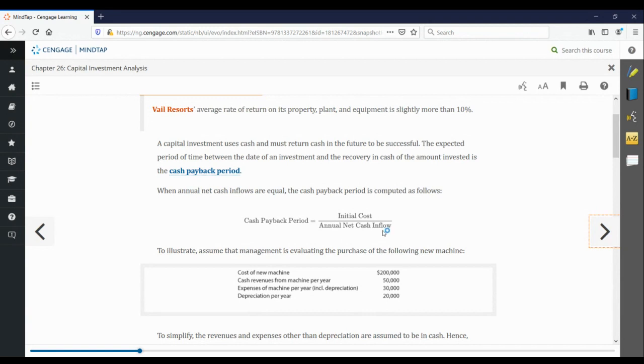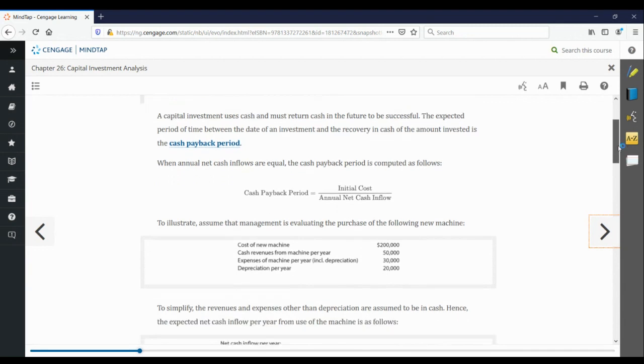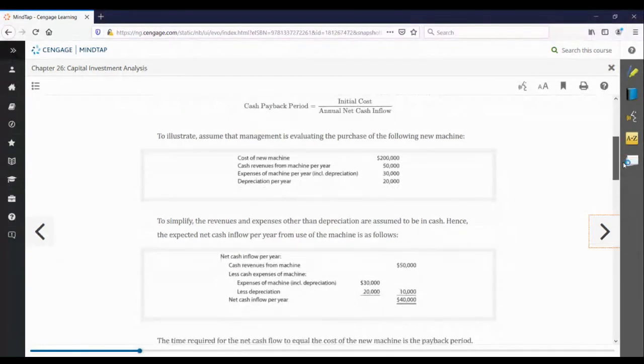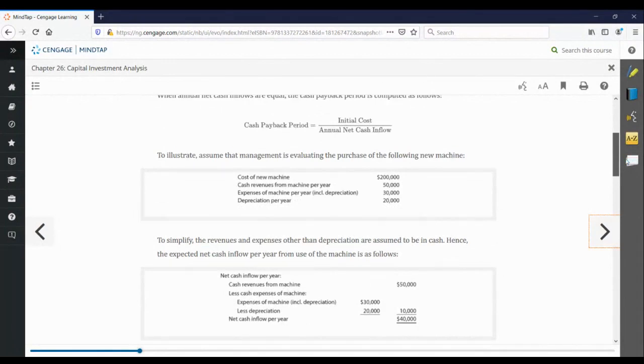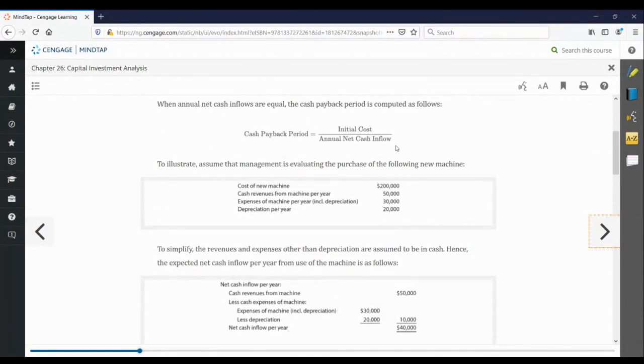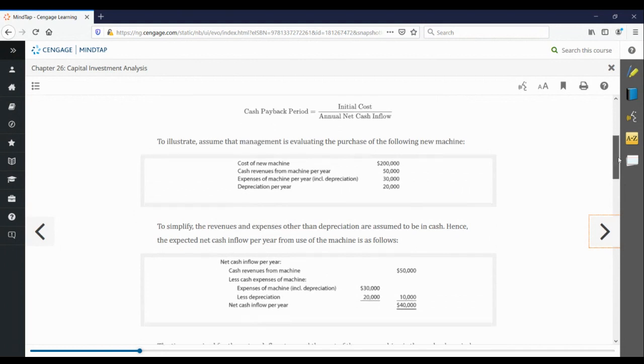The cash inflow is what we're expecting this asset to generate for us. And so the initial cost would be divided by the annual net cash inflow, and that would give us the cash payback period. The cash payback period would have to meet management expectations in order to further evaluate this method as an investment.